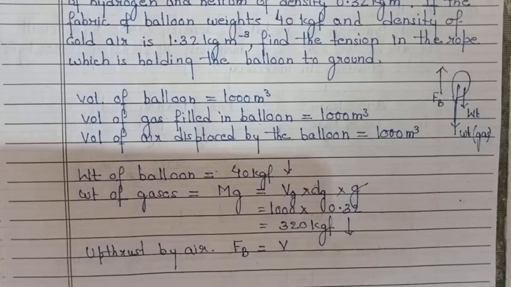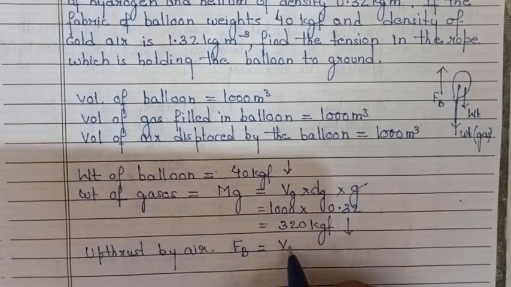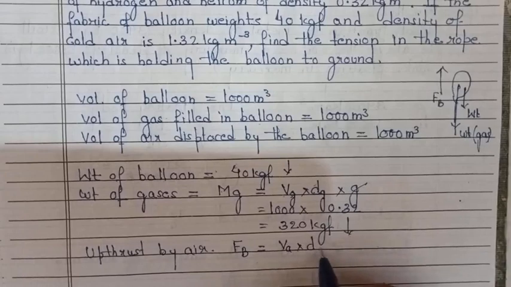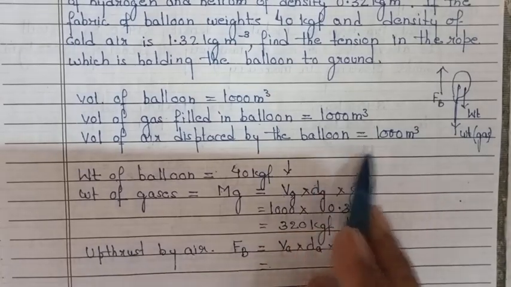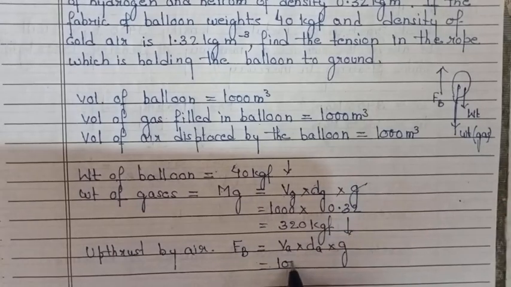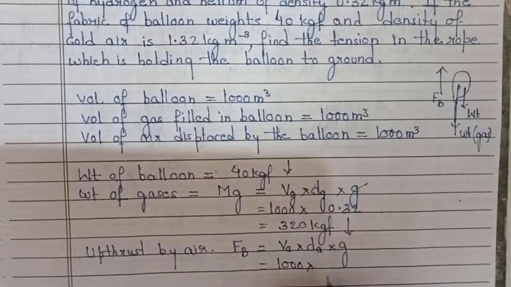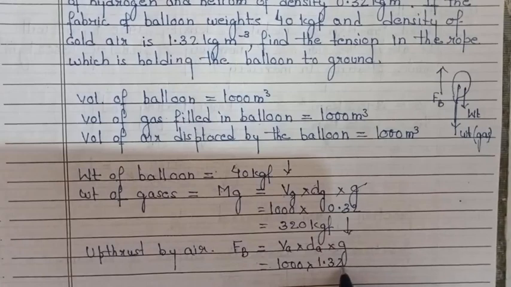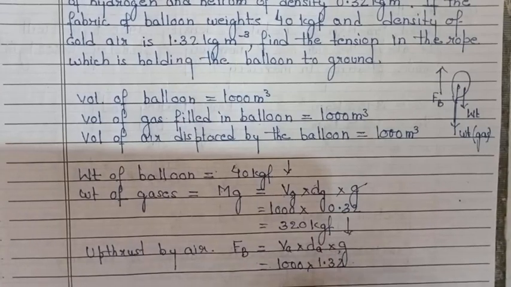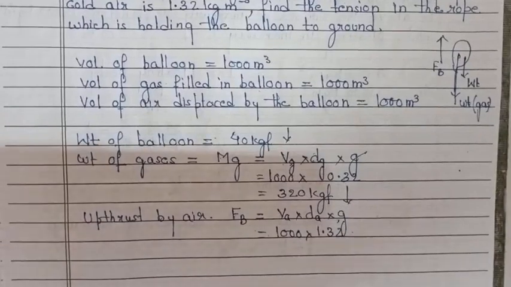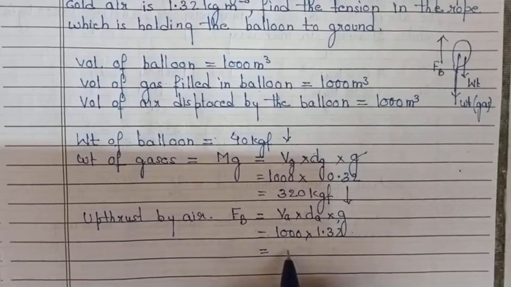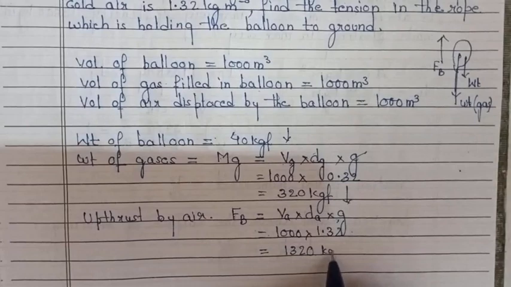So we must know the volume of the air displaced into the density of air. Now here the volume of the air is known to us as 1000. The density of air is also given to us as 1.32. We are not going to use the value for gravity, so our answer will be in gravitational unit. So we will be getting the answer as 1320 kgf.